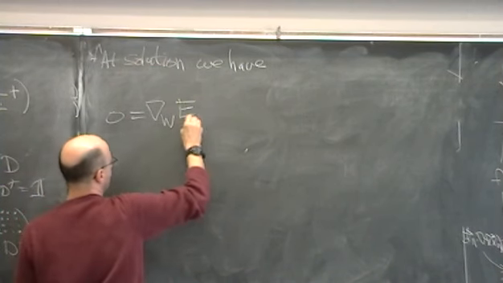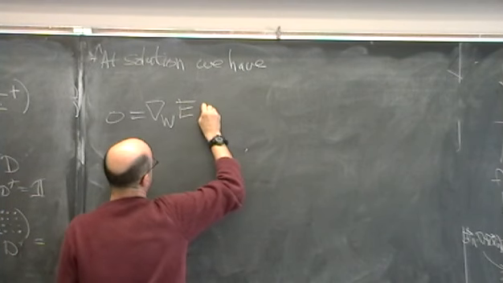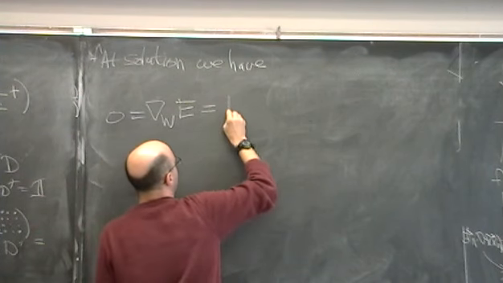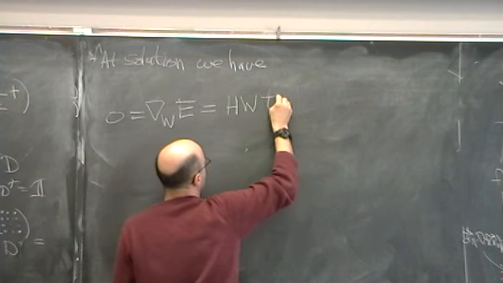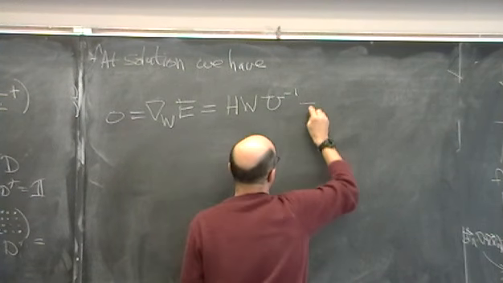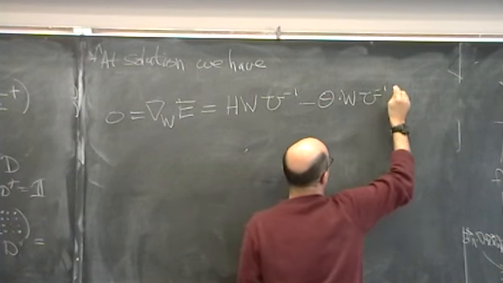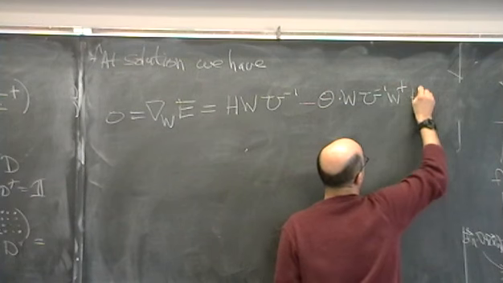And I had written that expression down a couple of times, but I'll do it one more time. We had H times W times U inverse minus O times W, U inverse, W dagger applied on HW.